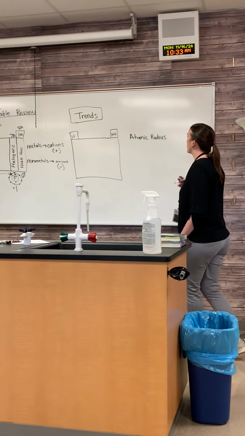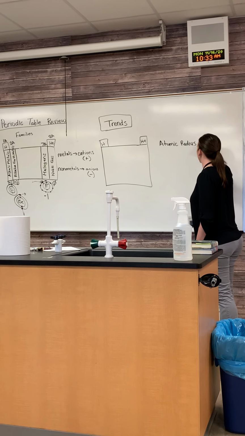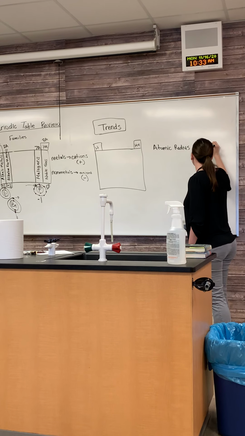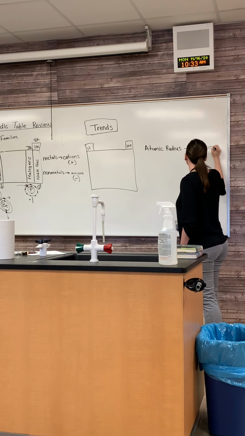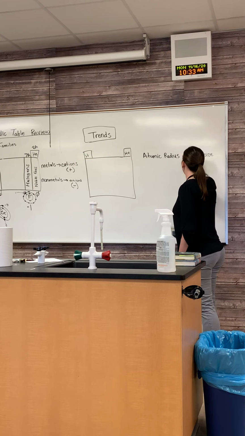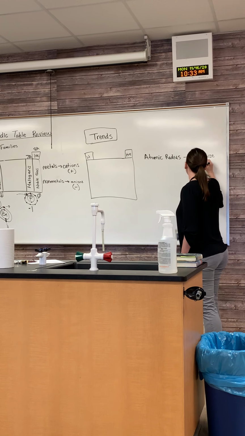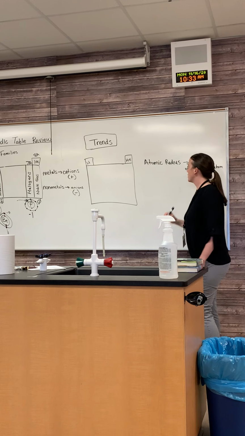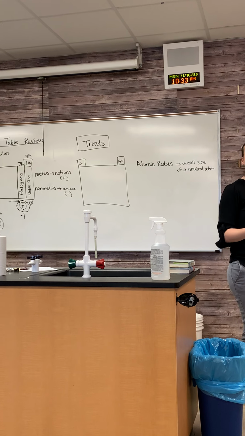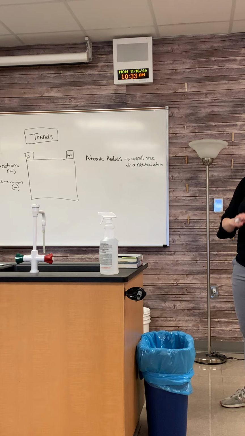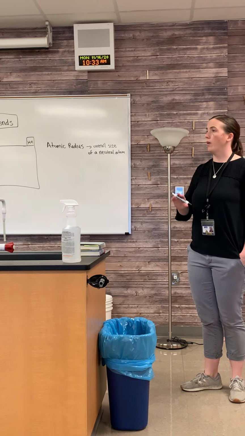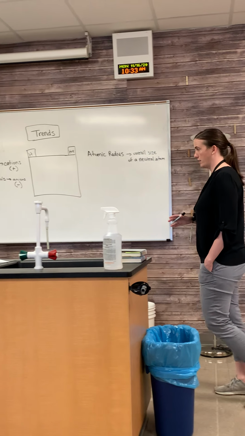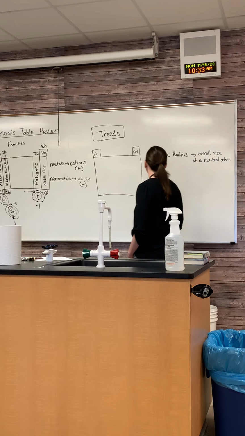So the atomic radius is talking about the overall size of a neutral atom. So no electrons have been lost, no electrons have been gained. This is just the size of the atom as it's found.